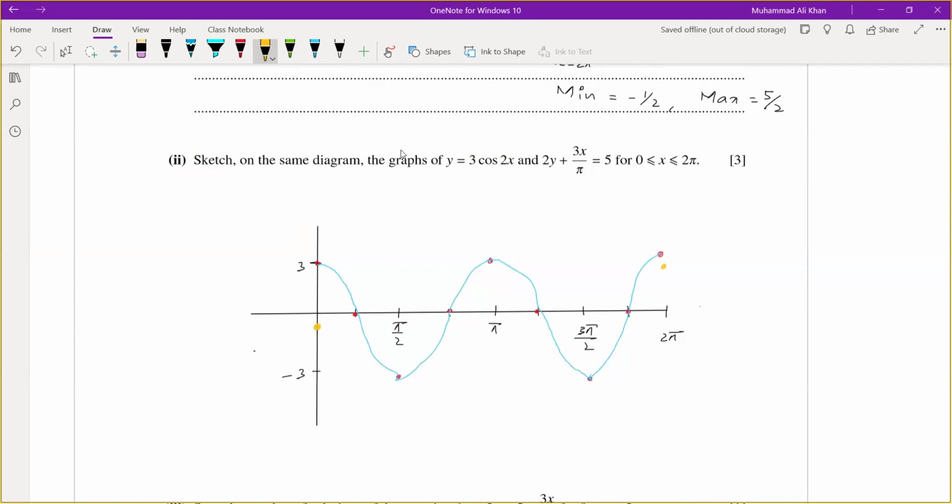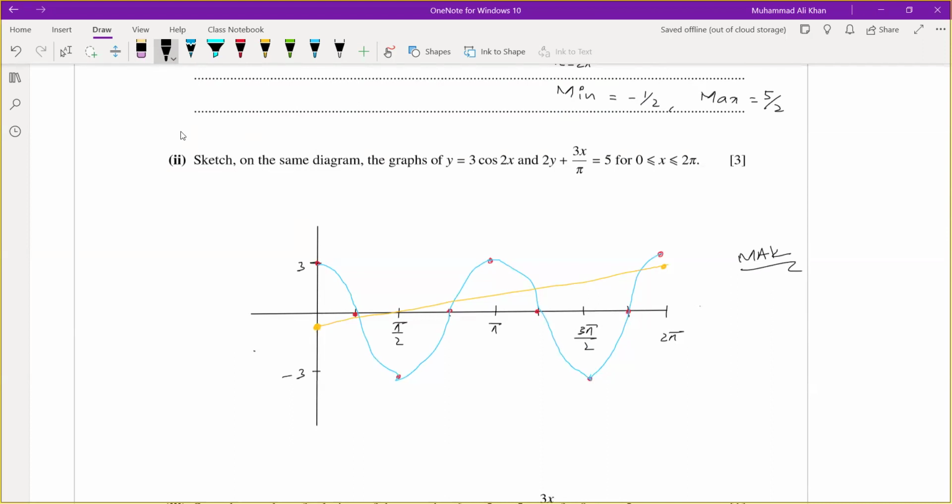So just draw a straight line. This is the straight line. Up to 2 pi, and here up to 0. Now, ये आपने straight line और curve को sketch कर दिया.